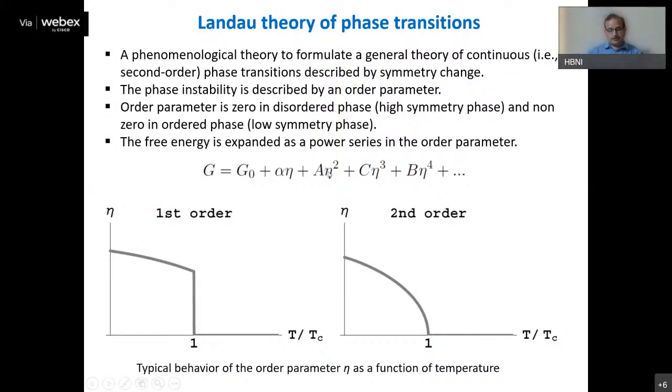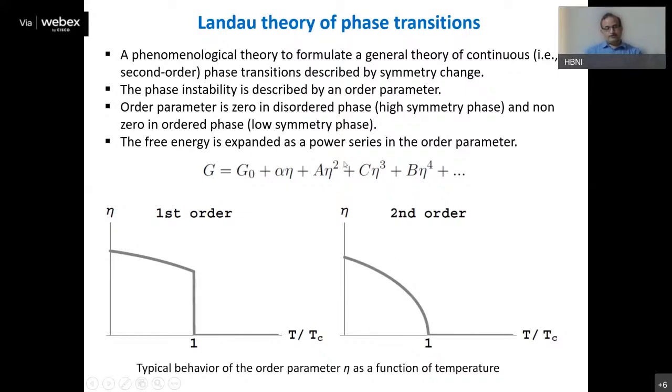It has a value of 0 above the temperature where there is the initial phase, and some non-zero value below the temperature of the phase transition. So he focused on continuous phase transitions, which are expressed by this plot, where the order parameter gradually increases from 0 to some value as you go further down in temperature.